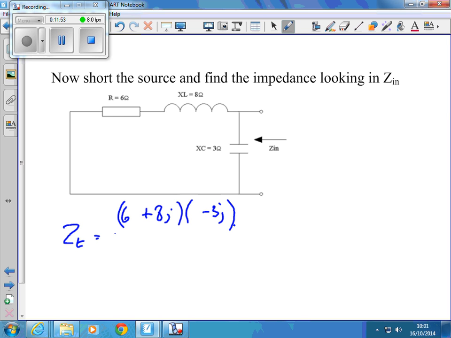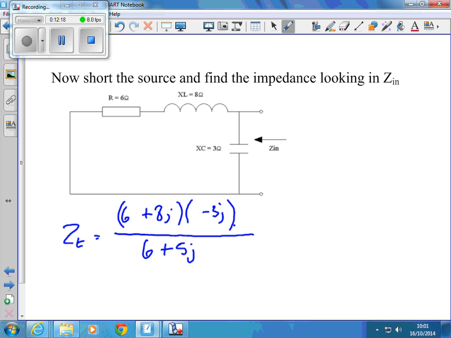Then underneath, that's these three added together, which we've already done, haven't we? Already done that in the previous calc, all those three added together. That was 6 plus 5J, wasn't it? Agreed? So you might do it again, but you already had it.